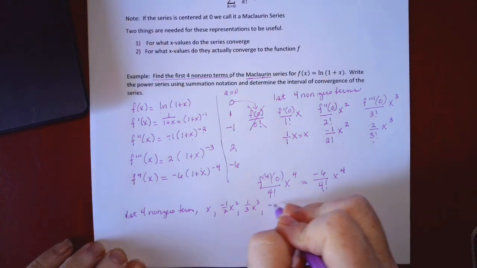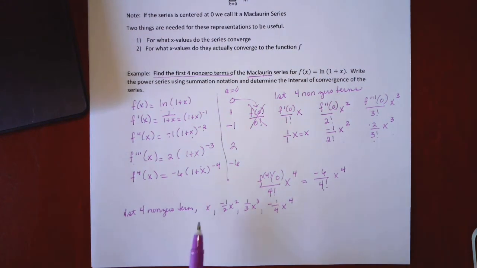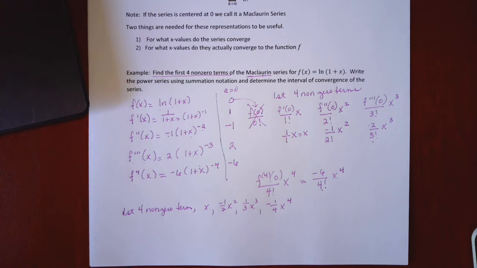So that would be negative 1/4 x to the fourth. Those would be the first 4 non-zero terms. Now, before we go on, is everybody okay with that part?